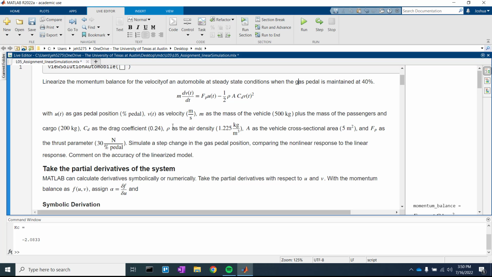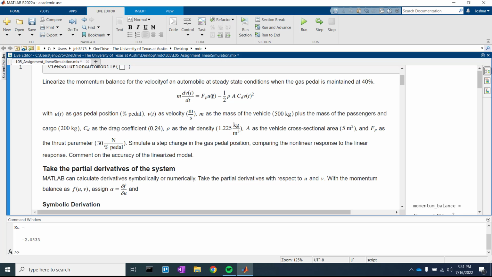Fp is a thrust parameter, so it converts ut, which is a percentage of pedal down, to the actual thrust, which is a force. Then we have minus 1/2 rho, which is the density of air, times A, which is the surface area of the car, and then CD, which is the drag coefficient, times velocity squared.